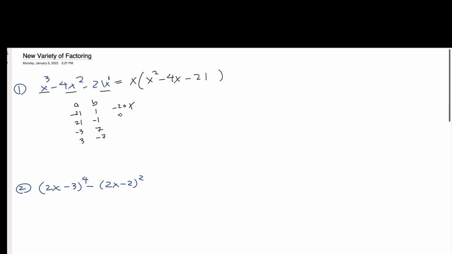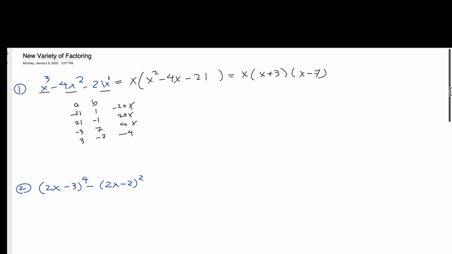The second one to 20, not good. The third one adds up to 4, not good. The last one, negative 4. So the last factor, let's write x down, then the big parentheses has to be factored. And so that becomes x plus 3 and x minus 7.